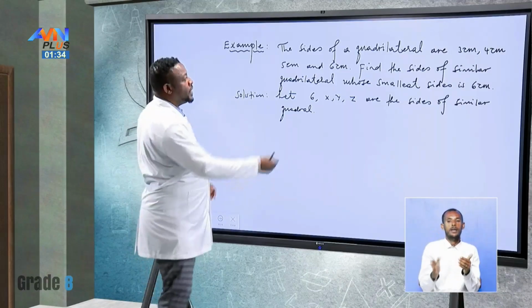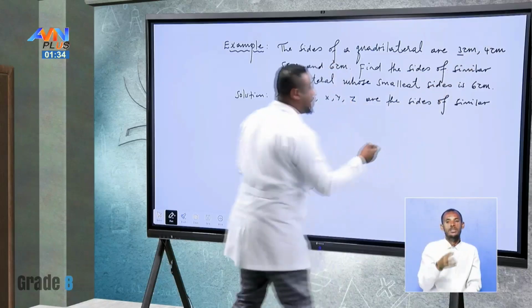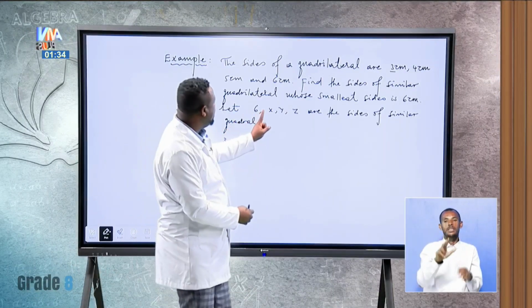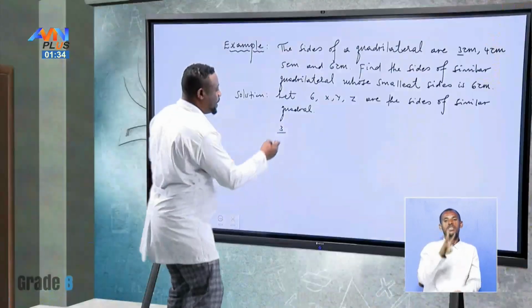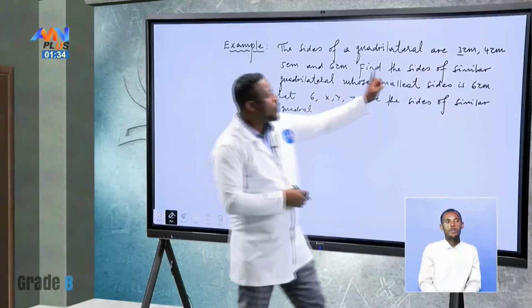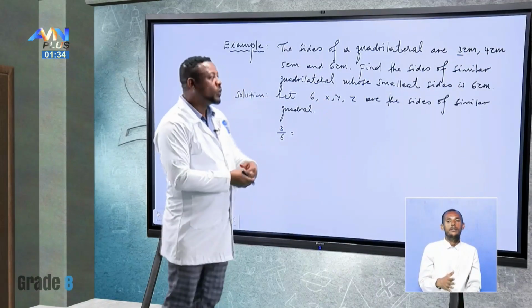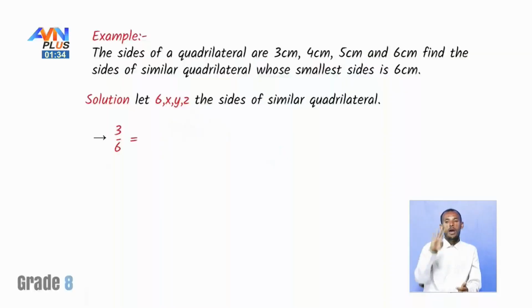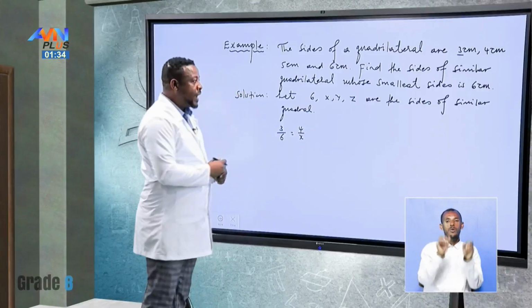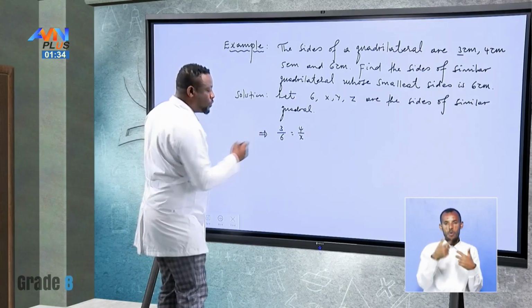So that means the smallest one here is 3, okay? 3 over the smallest one here is 6. 3 over 6 must give us the ratio of the second side by the second side of the unknown quadrilateral. So this becomes 4 over x, okay? So by definition, you will have this ratio.